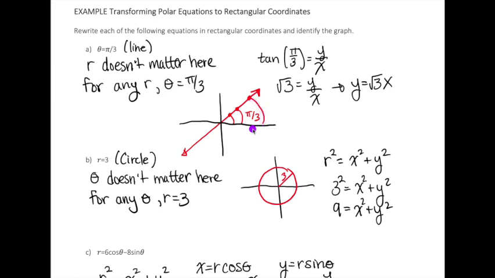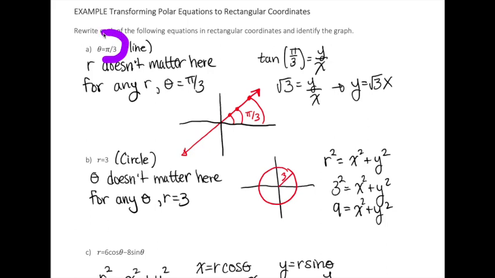For example, let's say I have the point r is equal to -100 and the angle is pi over 3. I would swing out pi over 3, and -100 means I come out this way 100 units. If I had +100 with an angle of pi over 3, then I swing open pi over 3 and come out this way 100 units.